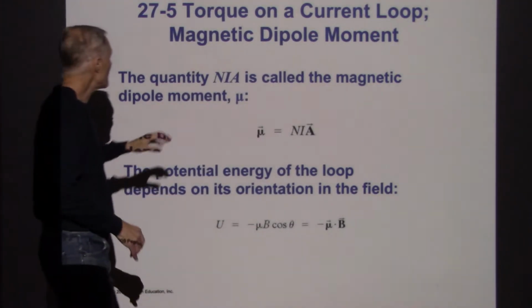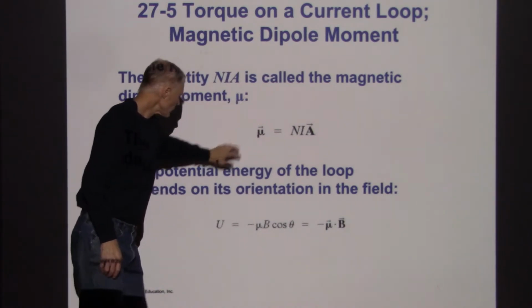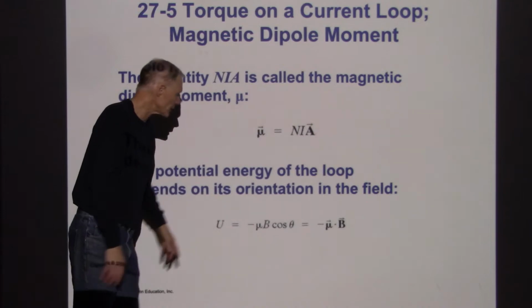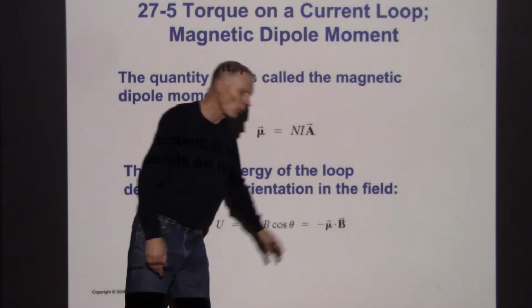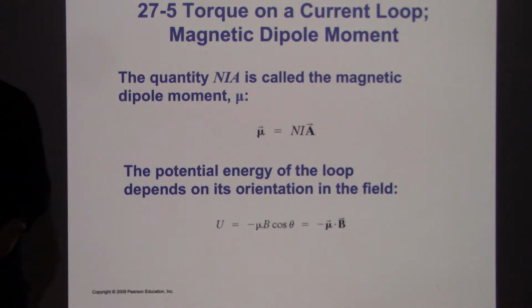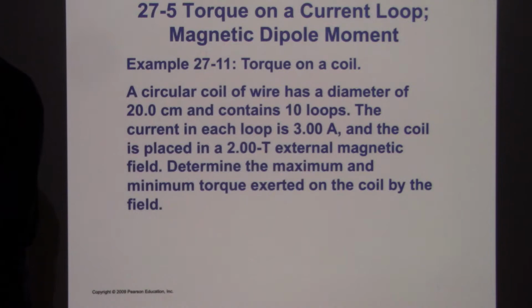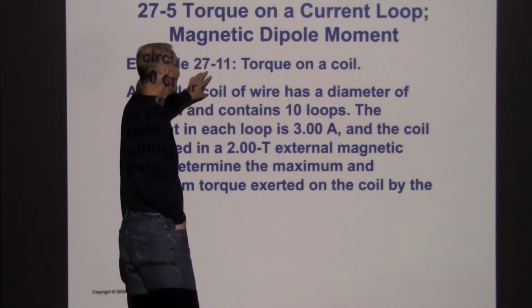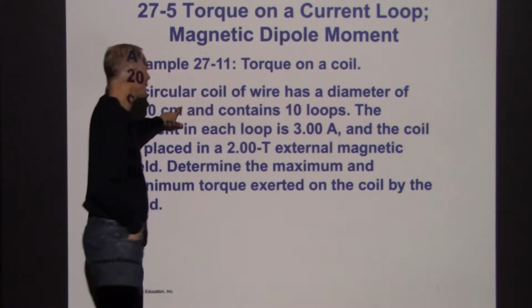So a magnetic dipole will have different amounts of potential energy depending on how it's oriented within a magnetic field, the same way that an electric dipole had different amounts of energy depending on how it was oriented in an electric field. So here's an example, example 27.11, the torque on a coil.